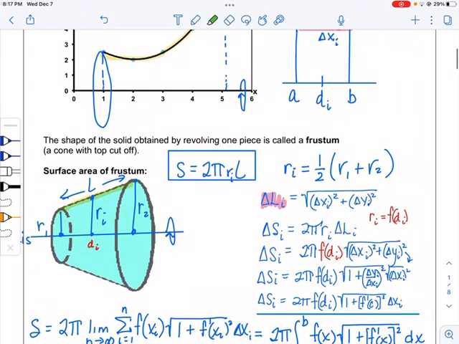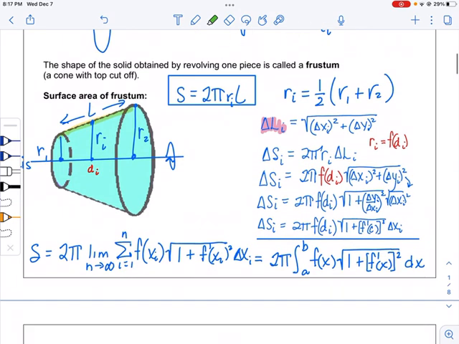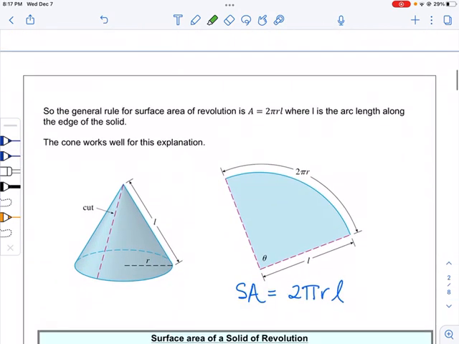So we looked at the shape of rotation of a cone where we cut the top off, and it's a good illustration of what's going on here because it's a very tiny section that we're considering. S is equal to 2 pi r times L, and I think on the next page I showed you the actual formula for the surface area for a cone.